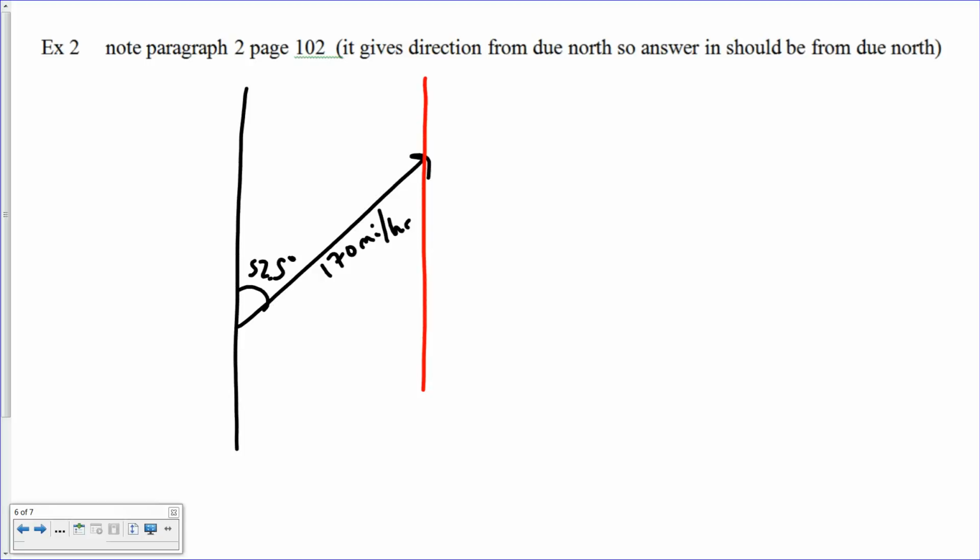I'm starting over. 142.5 degrees from due north at 35 miles per hour. Now that was way too long, so I'm just going to adjust that at 35 miles per hour.